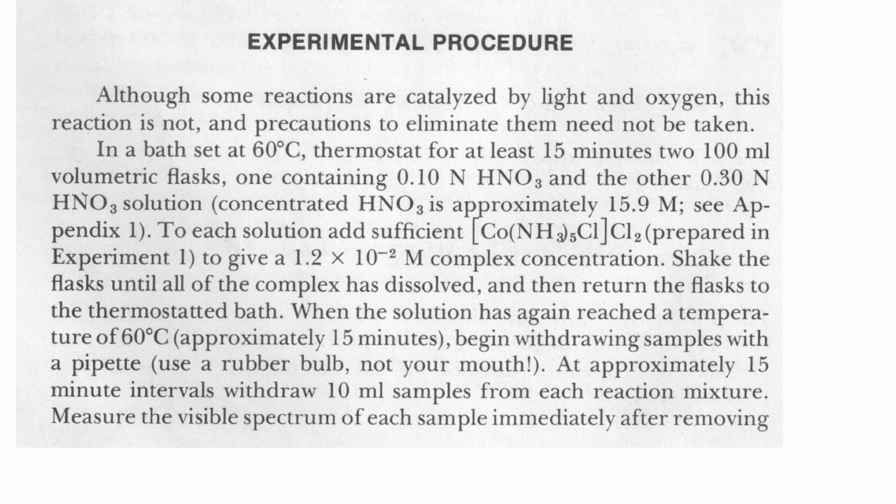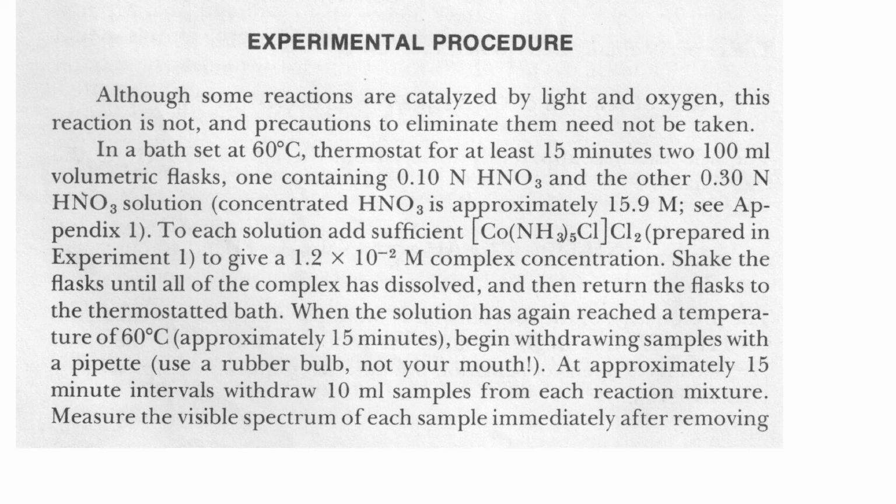Then you put the 200 ml volumetric flasks, before you dissolve the complex, in a thermostat at 60 degrees centigrade. When they equilibrate after 10 minutes, you add the solid to the 0.1 molar acid and 0.3 molar acid.